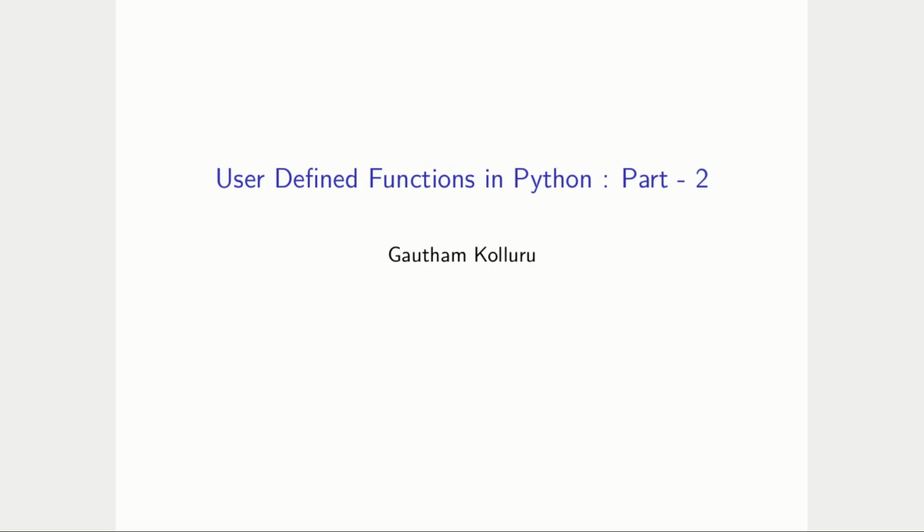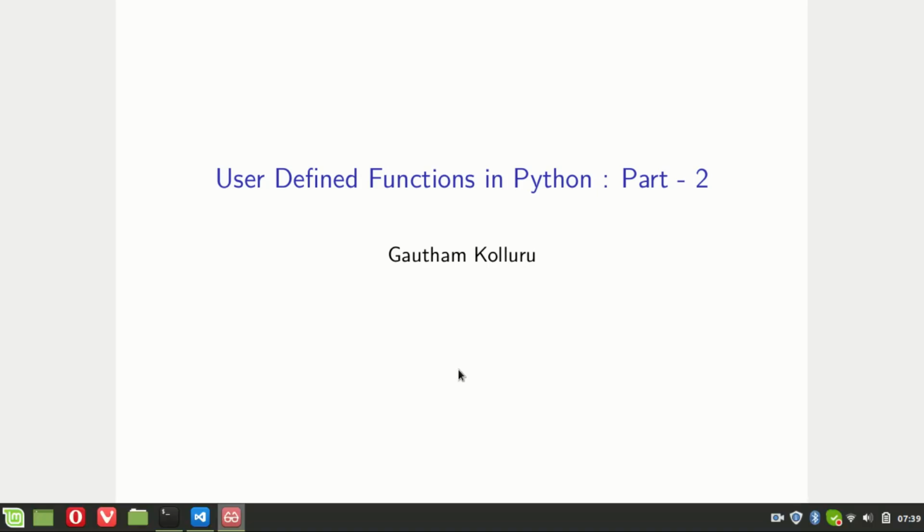In such situations you can make use of the variable parameters functionality in Python, so that irrespective of the number of arguments the user passes, your function will still work. All right, so let us look into that.